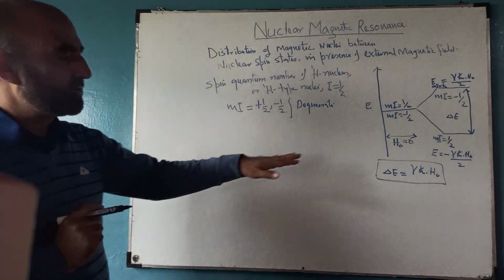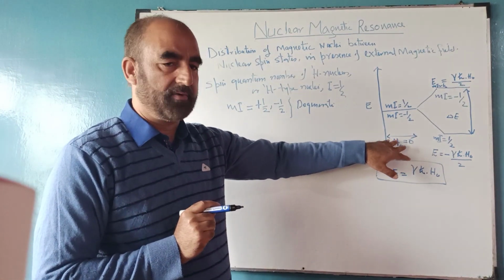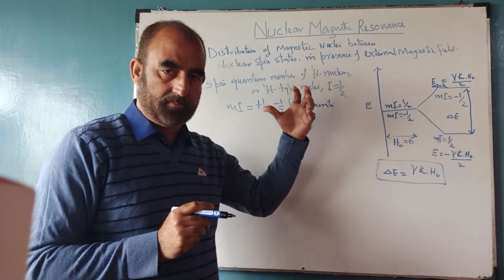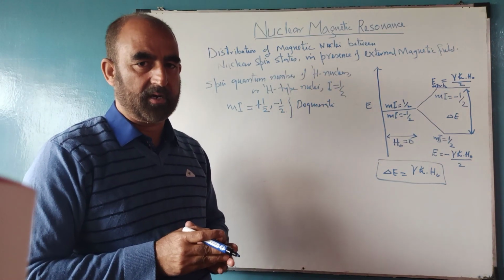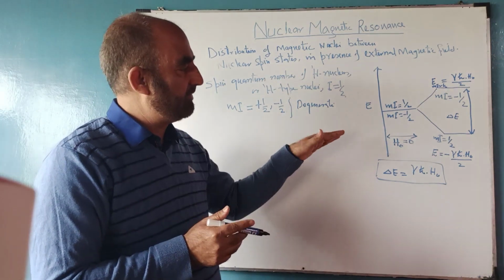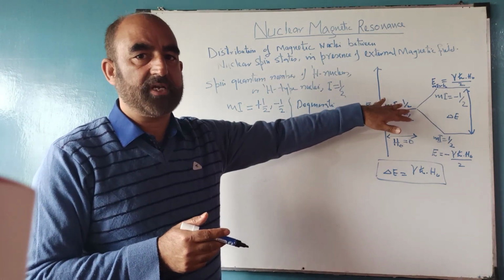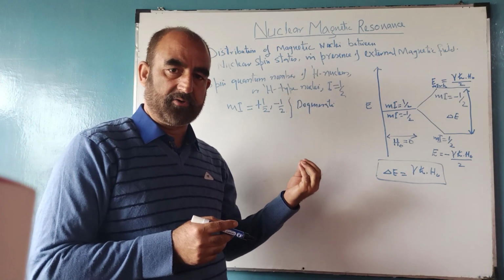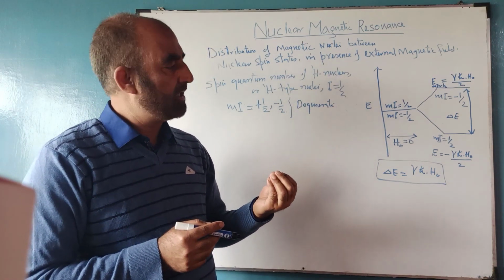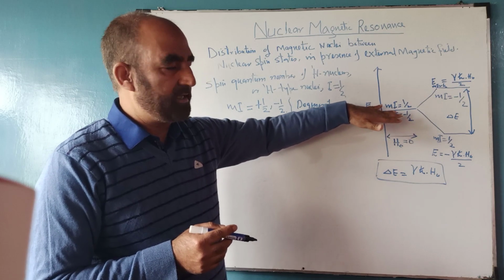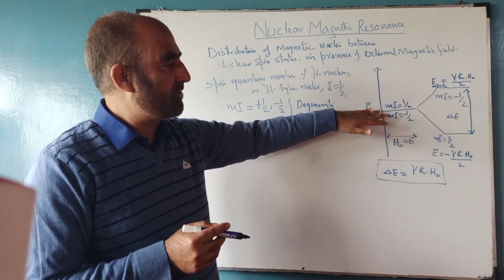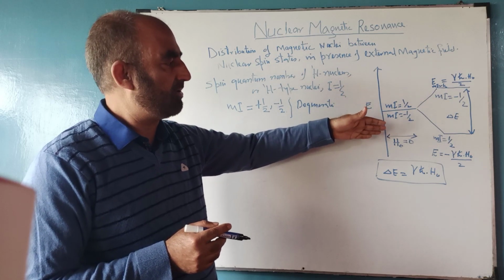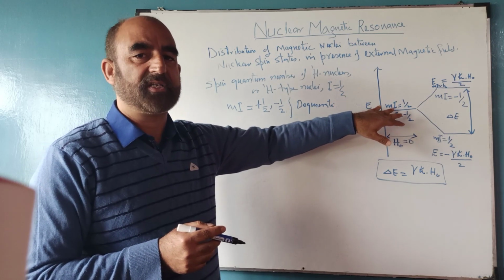So when there was no applied field, when the applied field was equal to 0, all the hydrogen nuclei, or simply protons, will equally distribute between the two states. So for example, if there are 2 million hydrogen nuclei in the sample, 1 million will occupy the spin state corresponding to Mi value plus 1 by 2, and 1 million will occupy the state corresponding to Mi value minus 1 by 2.